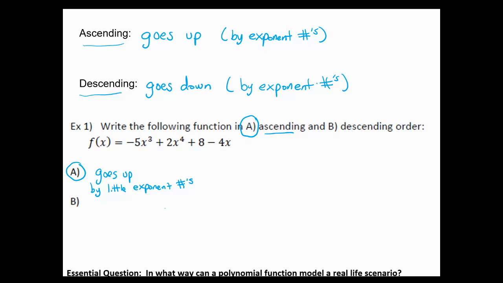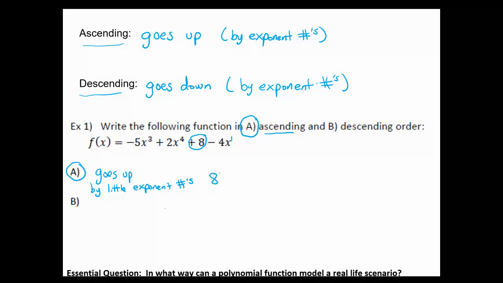So look here, remember this is a hidden 1. So you want the exponents to go up. So we need the smallest one. Well, that would be this because it doesn't even have an exponent.